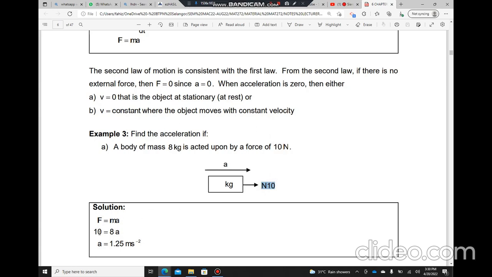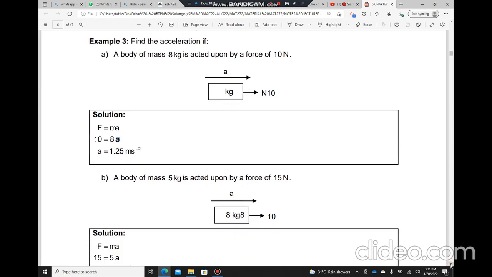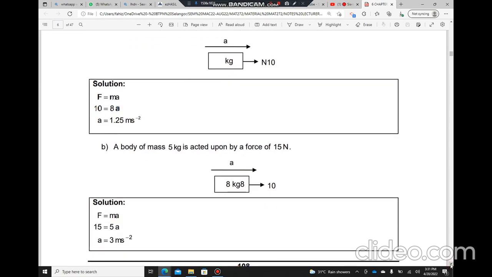So F kita ganti dengan 10 and then m is mass. Mass is 8 kg. So we now want to find a. So when you solve 10 divided by 8 equals to 1.25 ms negative 2. So you get the value of acceleration. So untuk Newton's second law, you just use formula F equals to ma.